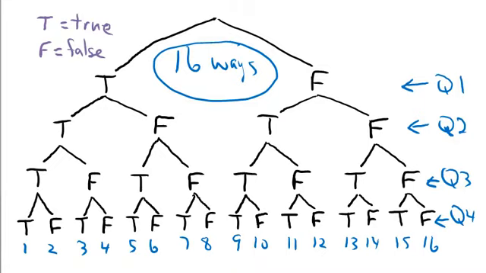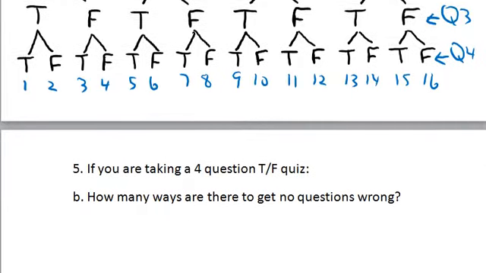You could draw a tree diagram. The first question could be answered true or false. Each subsequent question could be answered true or false. So each time it branches to a different question, you double the number. And if you count them at the end, you have 16. So there are 16 ways. The fundamental counting principle is obviously the easiest way to handle it, but you could draw that tree diagram.